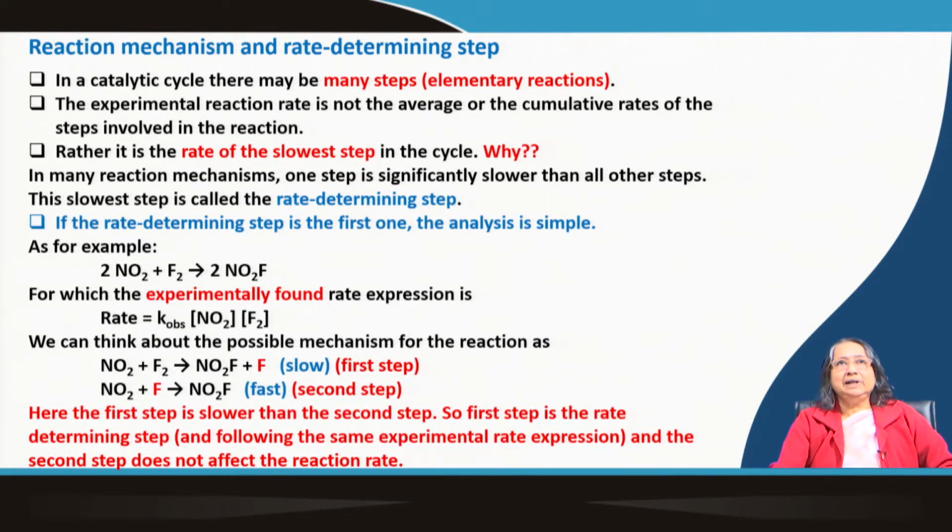Now, the experimental reaction rate is not the average, or the cumulative, of the rates of the steps involved in the reaction. So, the rate of the overall reaction will reflect which elementary step is important. Rather, it is the rate of the slowest step, as I told you in the previous lecture. The slowest step is very important in the cycle.